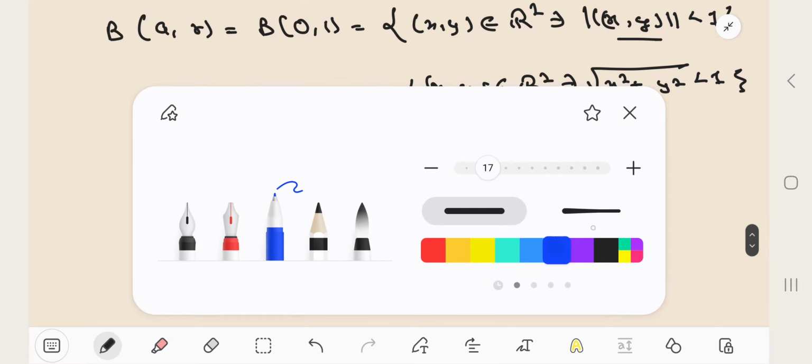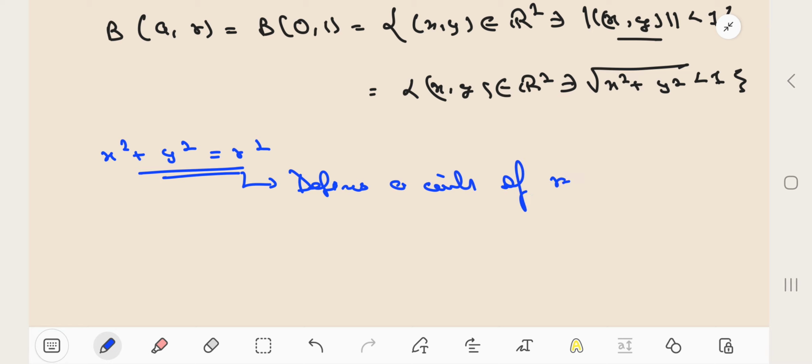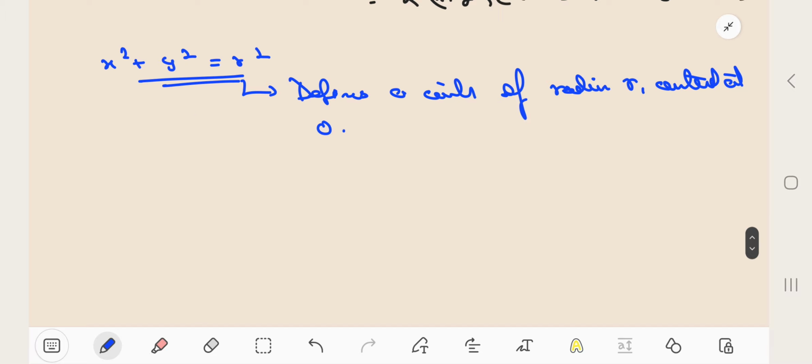Now a quick recall from your school level maths: if you have x squared plus y squared equal to r squared, this necessarily defines a circle of radius r centered at 0. If we have this to be less than or equal to r squared, then this will define the whole region inside the circle, leaving the exact circle.